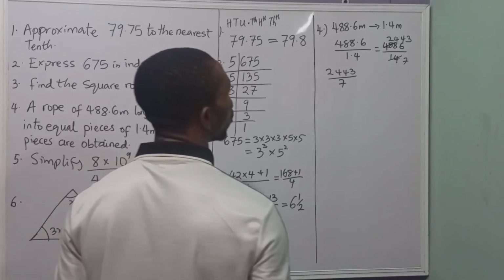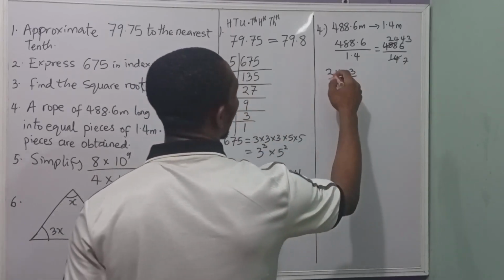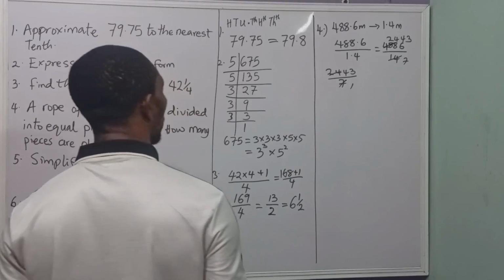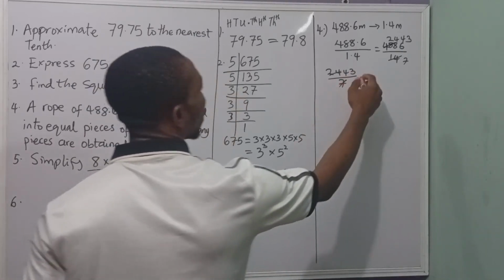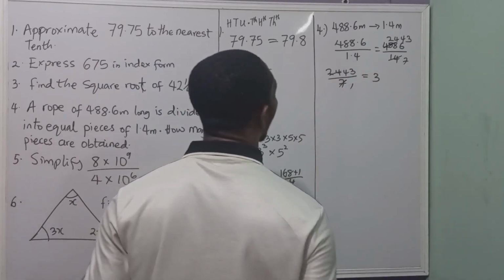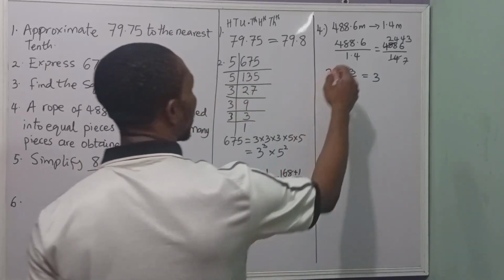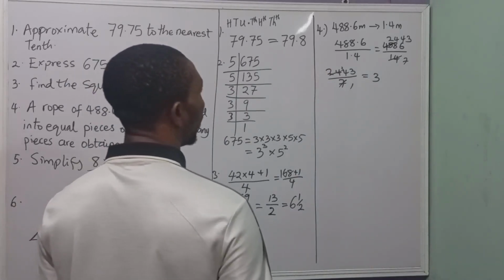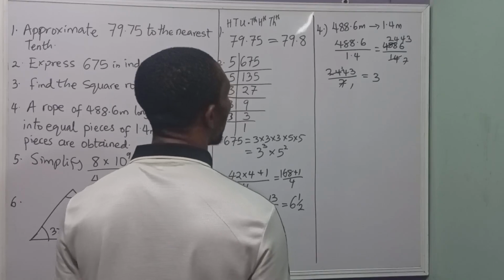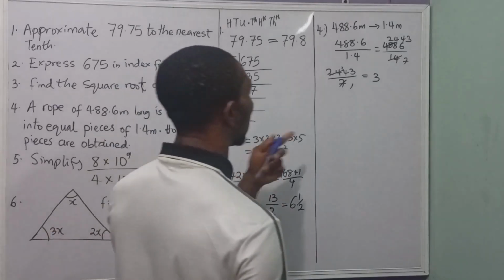This will give us 7 here, 1. Now, 7 into 24 will give us 3, that's 21, remember 3. 7 into 34 will give us 4, because 7 times 5 will be 35.